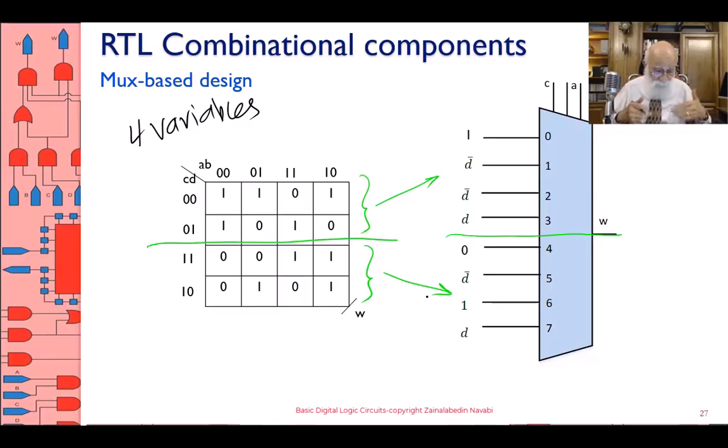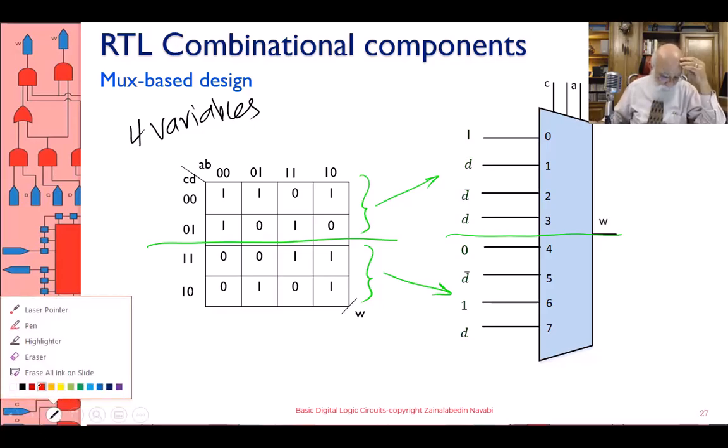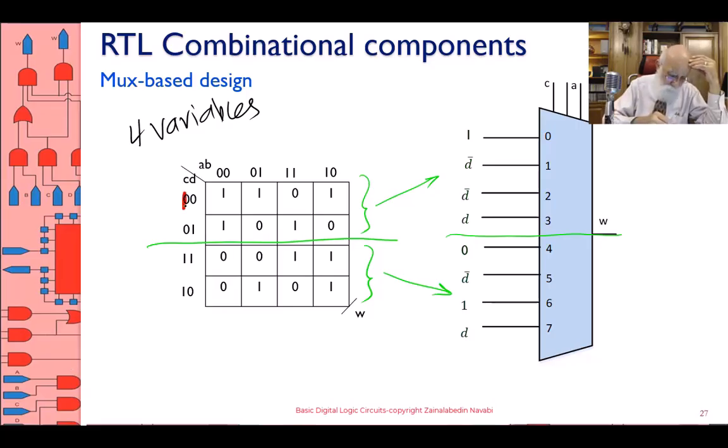Okay, let's look at the variables. For the upper part of the Karnaugh map, C is 0. For the lower part of the Karnaugh map, C is 1. What did I say? I said I'm going to select the upper part of the multiplexer for the upper part of the Karnaugh map. And therefore, I'm going to put my C input right over here.